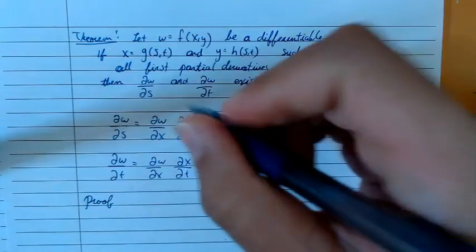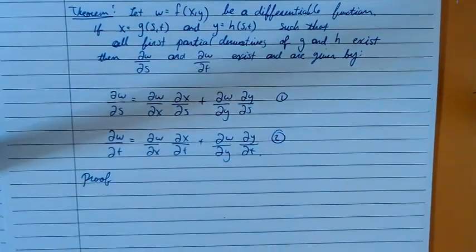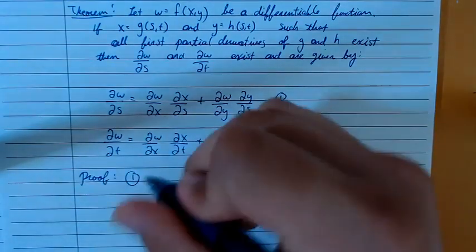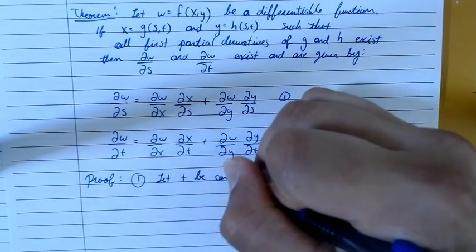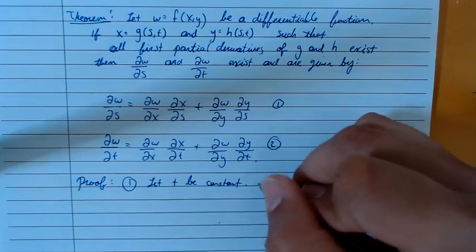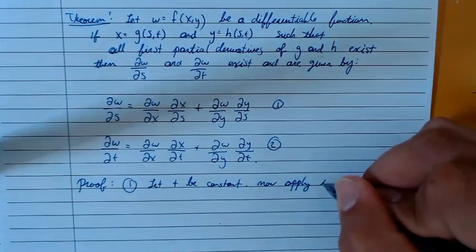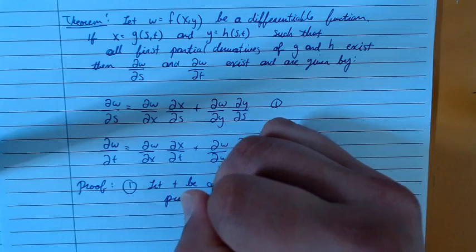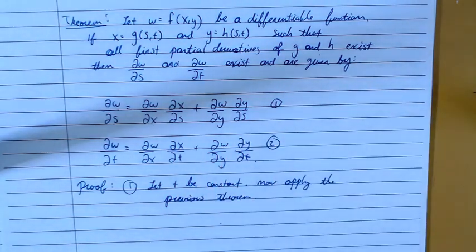I'll call this one number 1 and this one number 2. All right, ready? Don't blink. This will go by very quickly. The proof of number 1: let t be constant. Now apply the previous theorem. And that's it, we're done.